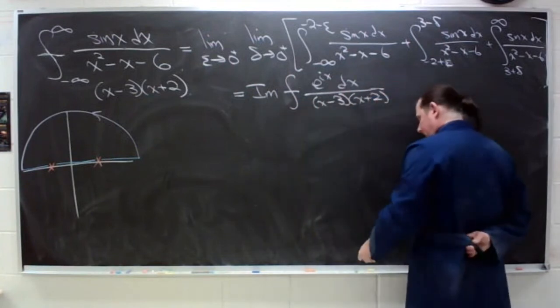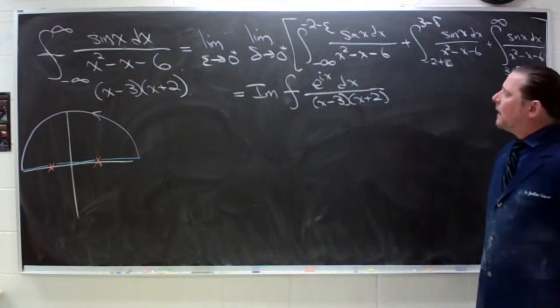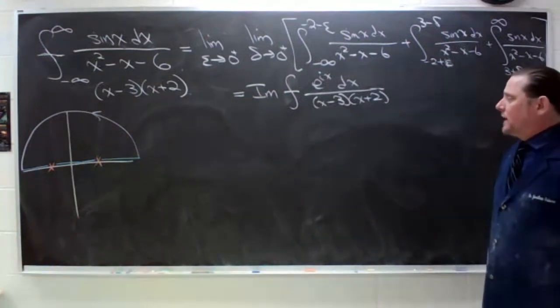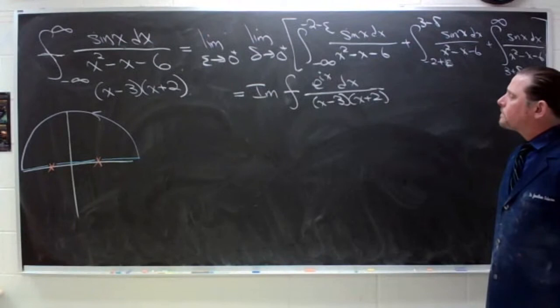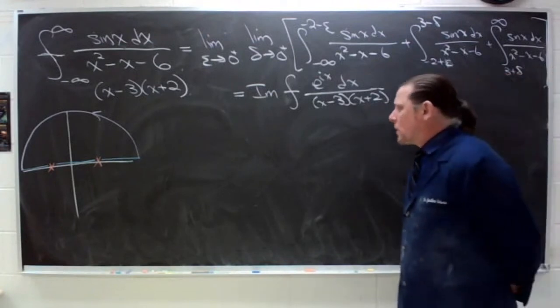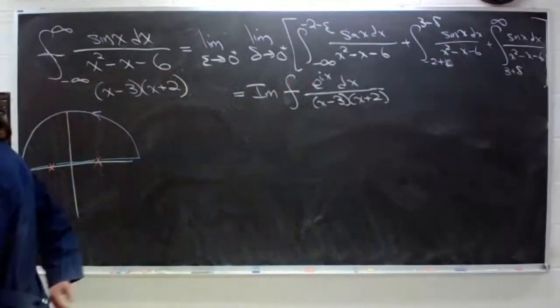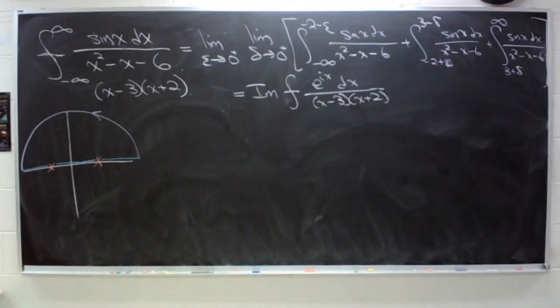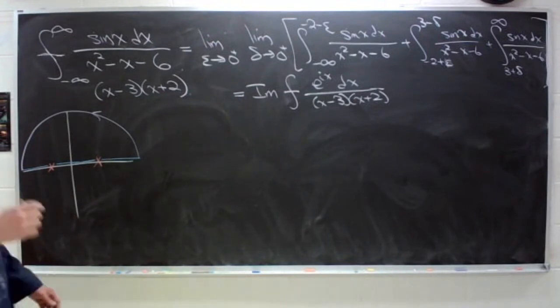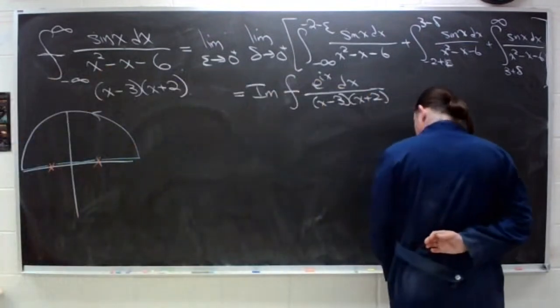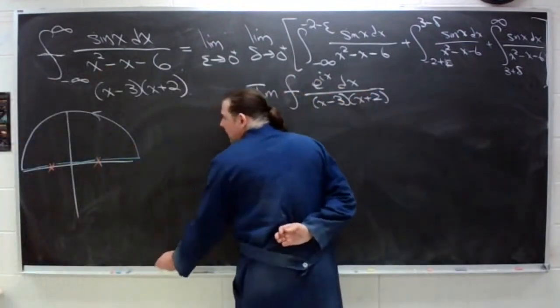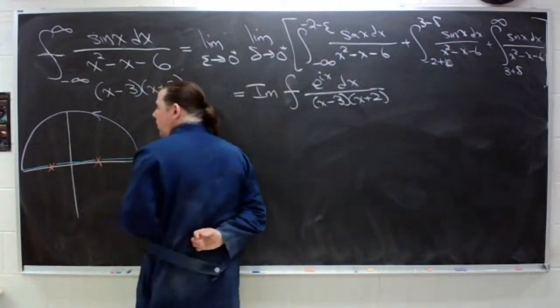I sort of like it without the limits, so I'm going to write it without the limits. It's just from minus infinity to plus infinity. So I can close this in the upper half plane. But now, this is still not a closed loop integral. I still have to consider the behavior in the vicinity of the poles.